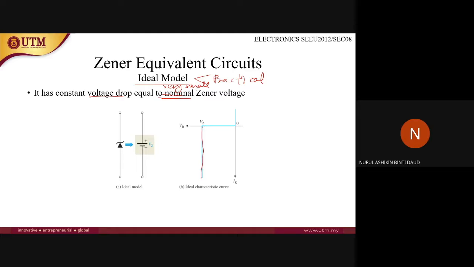So the current is like this straight line, and the current is maintained at one level of voltage. So this is the ideal model.